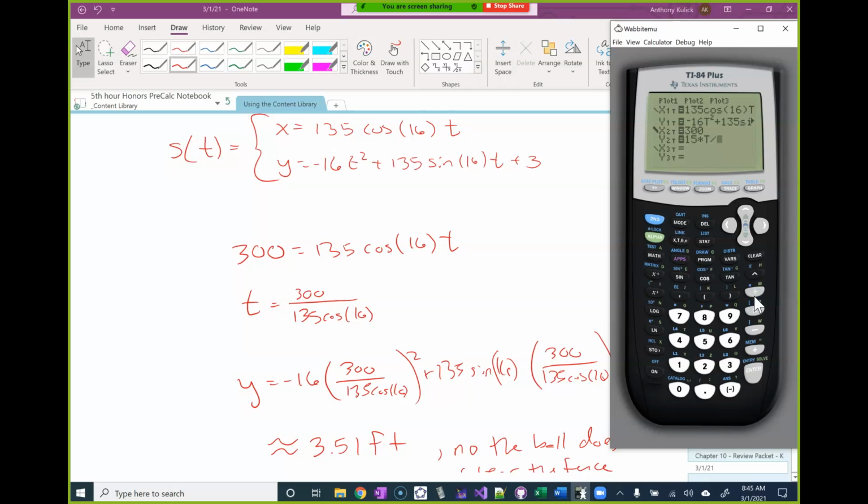So to get the t max to show up, I'm going to press the vars button, go to window, go over to t/theta for my parametric or polar coordinates, and grab the tmax command.